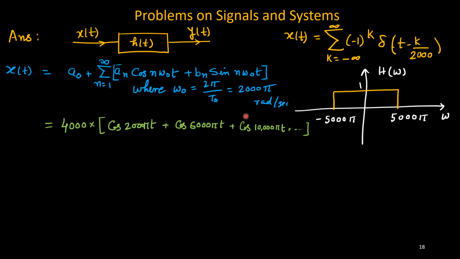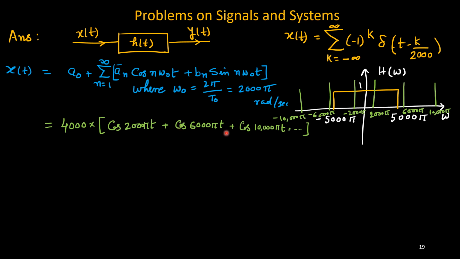Okay, now we need to understand the frequency of these components, so that we can show here. So first term is cos 2000 pi t. So this frequency is 2000 pi. So at omega equal to 2000 pi, there is one line, and its amplitude is 4000, right?